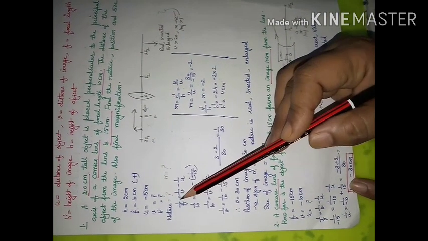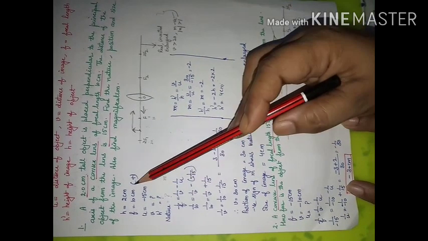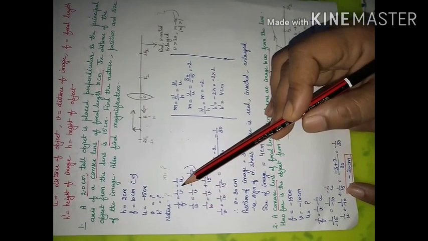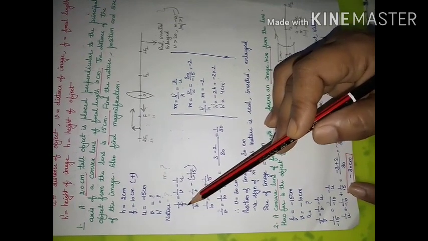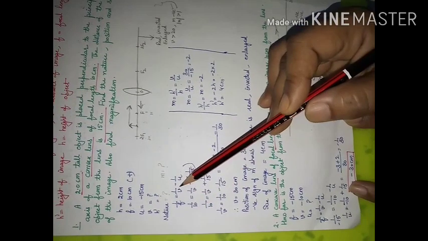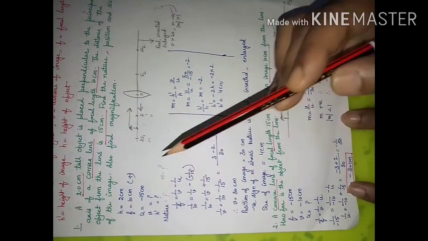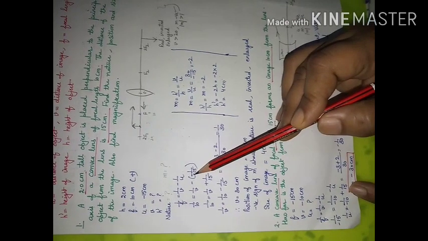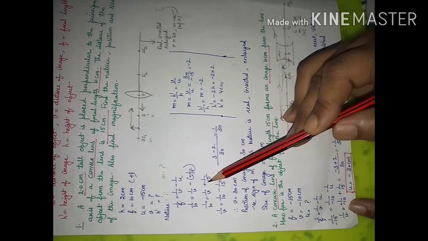Lens formula is 1 upon f is equal to 1 upon v minus 1 upon u. Put value of f, that is 10. So here it will come 1 upon 10. 1 upon v as it is, negative sign. U is also with negative sign. So I have written in denominator 1 upon minus 15. This negative will become plus.